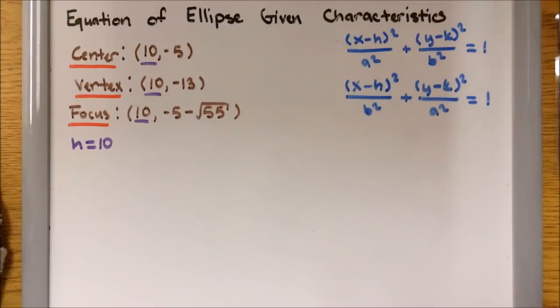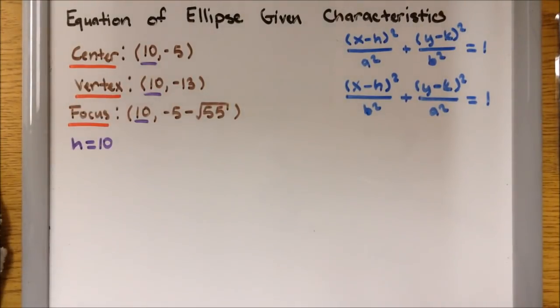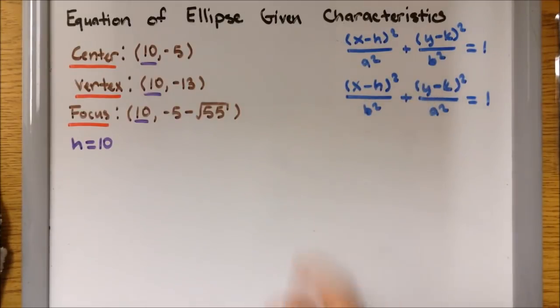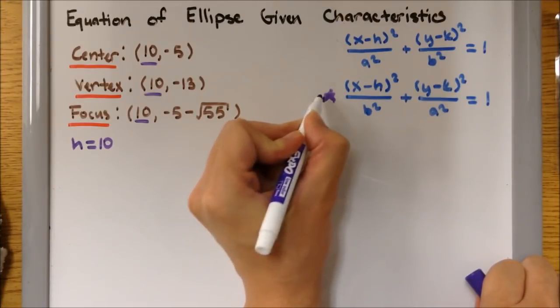The h that repeats in the center, vertex, and focus ties into the foci and vertices. The only standard form that we should use where the h repeats is the form where the a squared is underneath the y minus k. So I'm going to make a note that we're going to use this standard form.